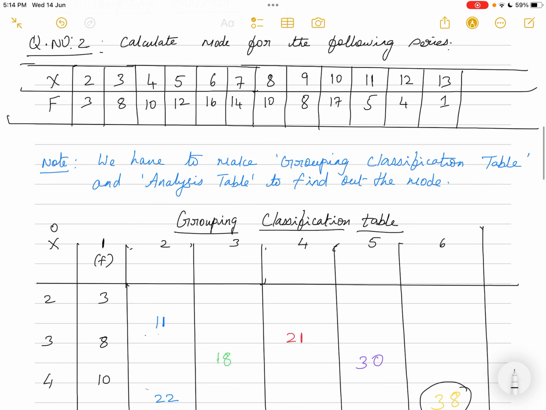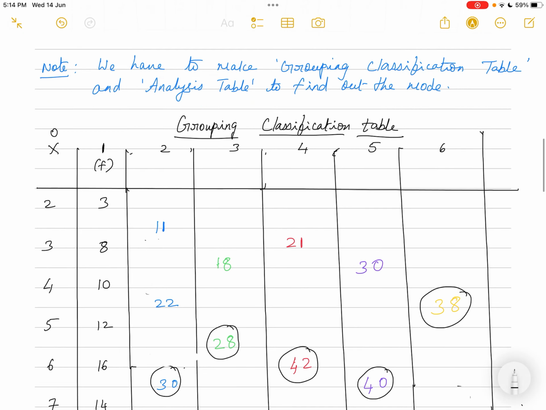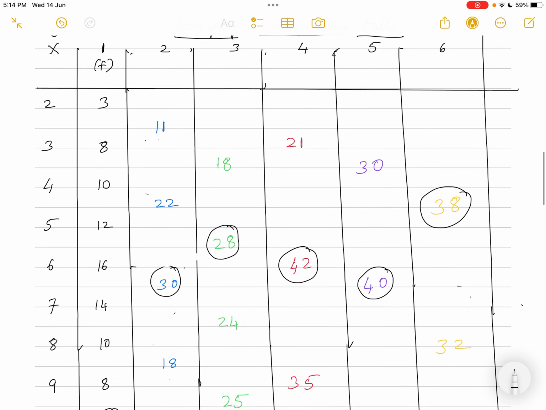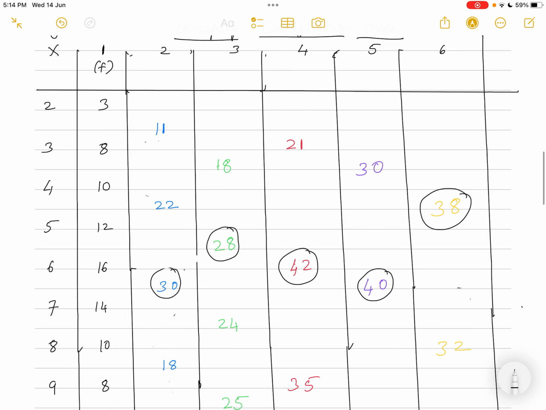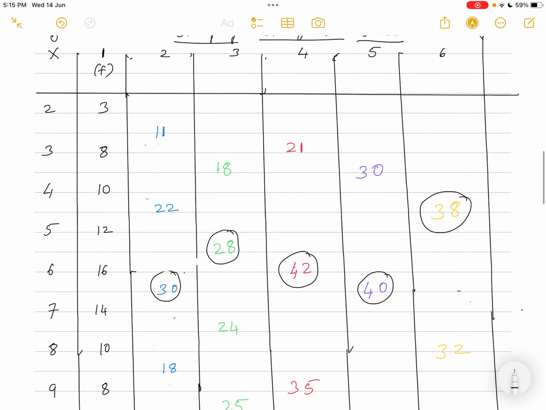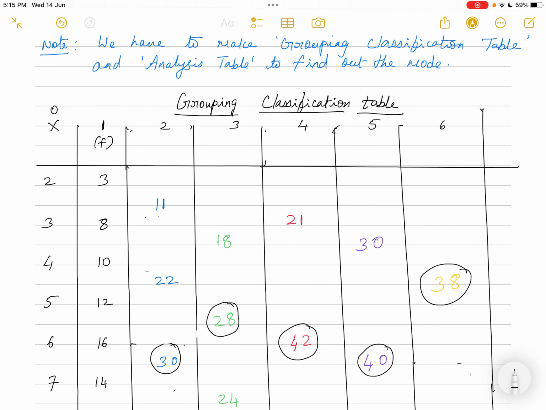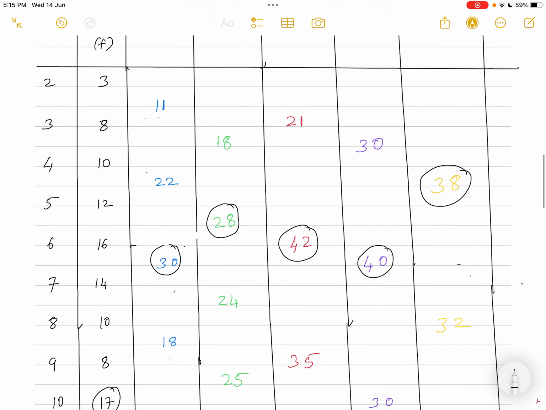Column 1 will be whatever frequency is given in the question: 3, 8, 10, 12, etc. So column 1 will be frequency and column 0 will be the X value.